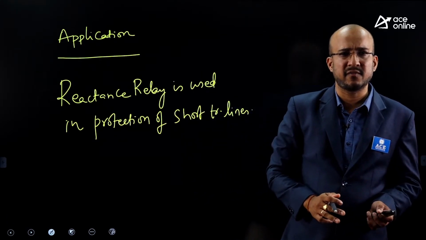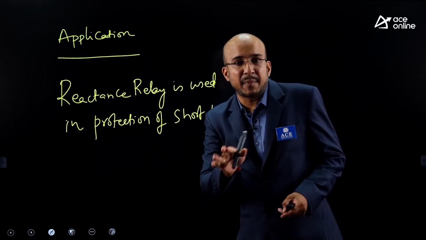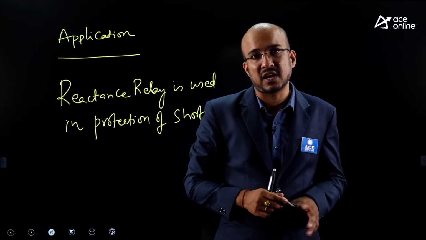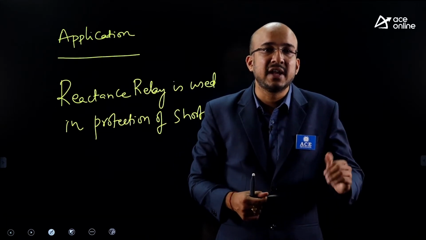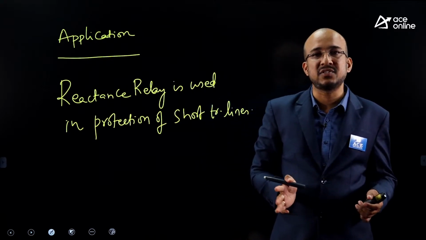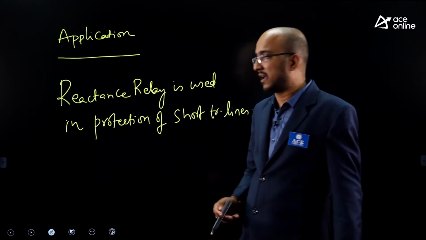Very important. And the operation of reactance relay is independent of resistance phasor. Operation of reactance relay is what? Independent of resistance phasor. That's why the reactance relay is also used as an earth relay. Okay.